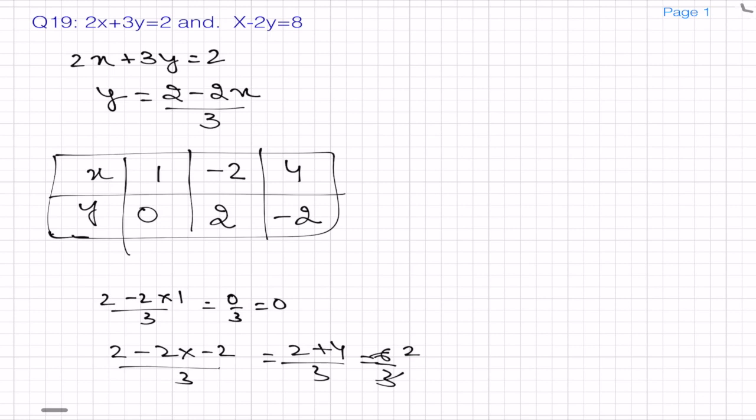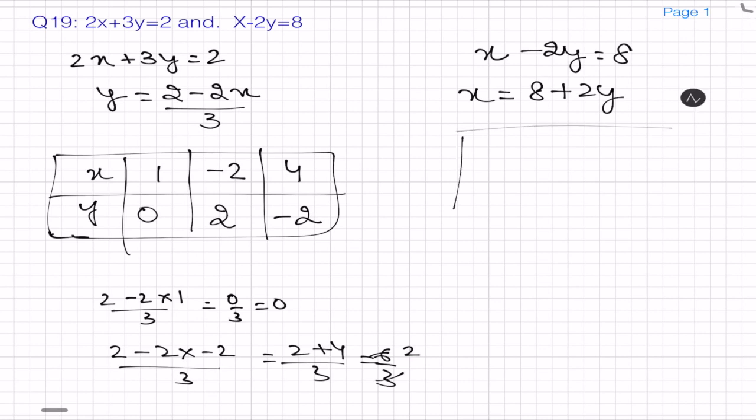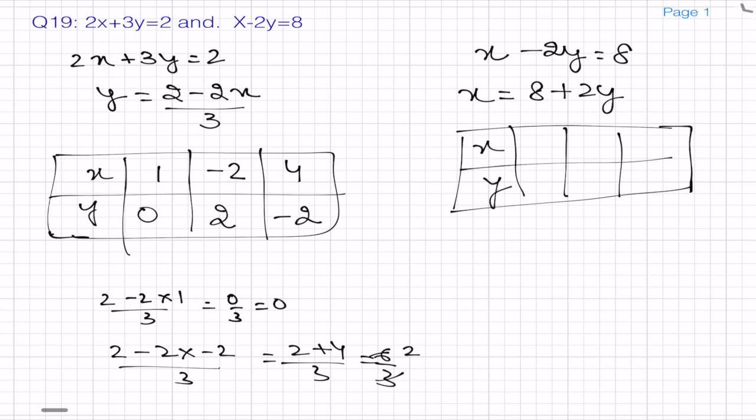Now the second equation is x minus 2y is equal to 8. So here I am making x the subject, so it will be 8 plus 2y. So children, while making a table, you have to be very careful that in this case we are supposing the values of y. So we have to put them in the column of y, not in x.